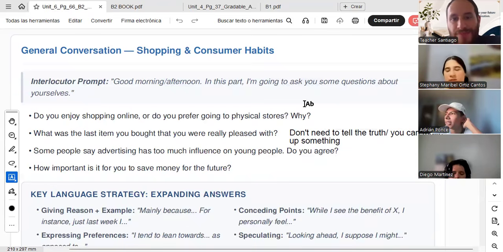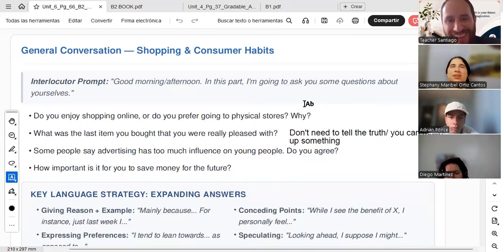Honestly, it was worth every penny. I'm still really happy with the purchase.